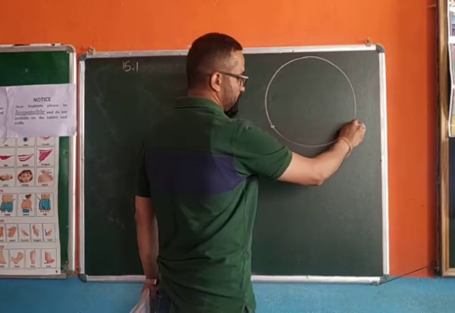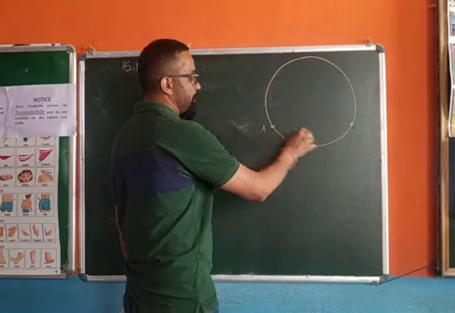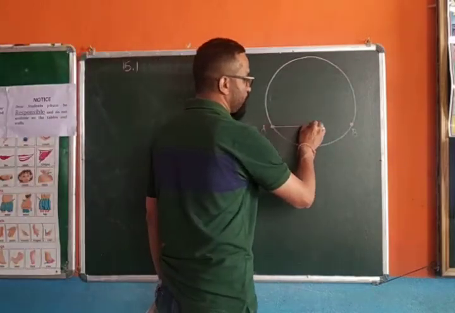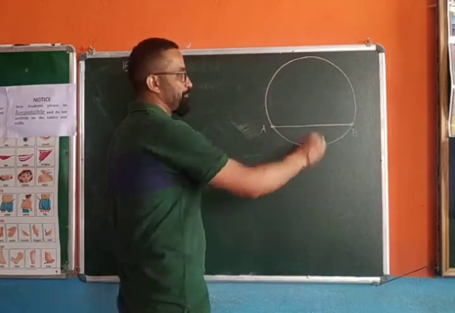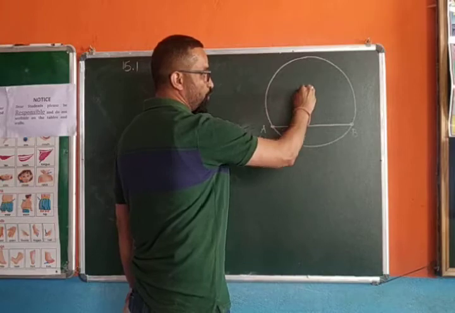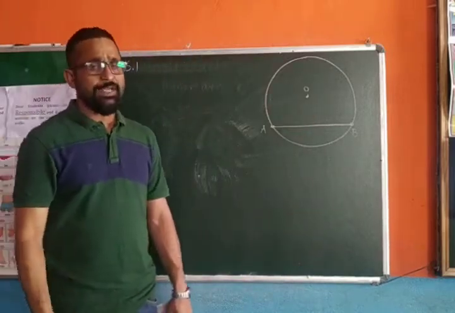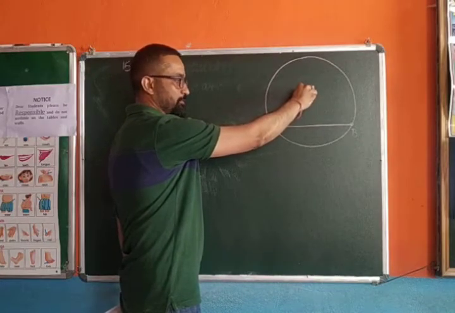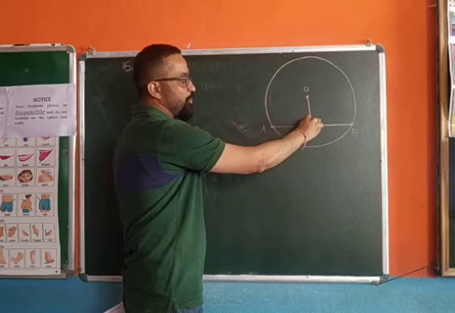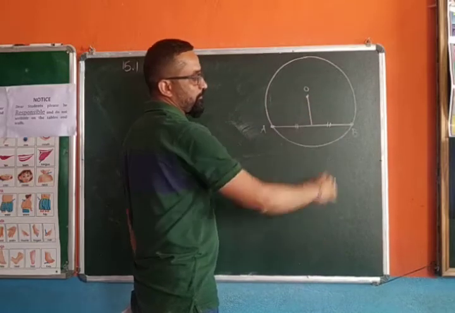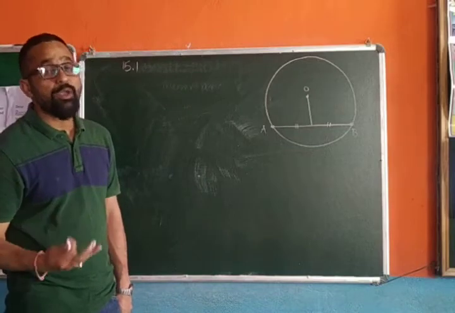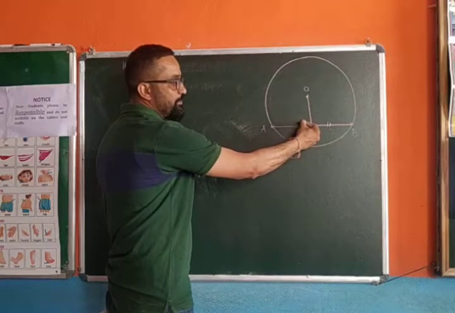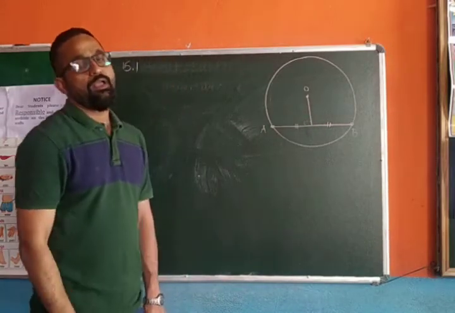Mark 2 points on the circumference A and B. The line segment joining AB is called chord with center O. Theorem tells you that the line drawn from the center to bisect the chord is perpendicular to the chord, means that this angle you have to prove it as 90 degree, and it's easier to prove.